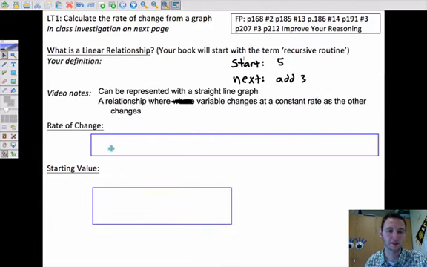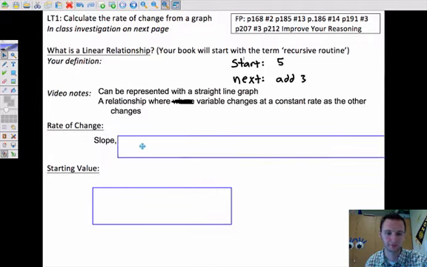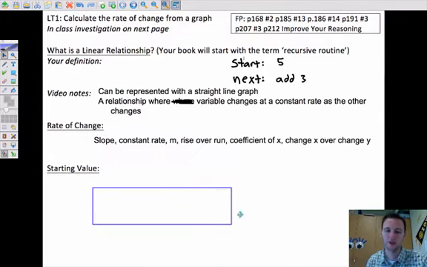The next one is rate of change. There's a whole bunch of different words for rate of change. They all mean the same thing, but there are tons of different ways to talk about it, to calculate it, to see it in an equation. So here are all of them that we will probably use. The rate of change is also the slope of a line.